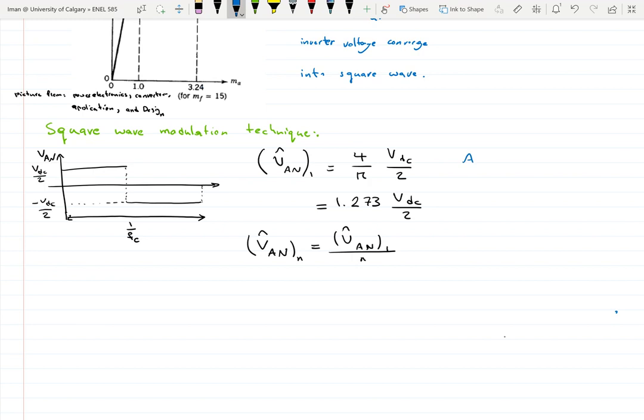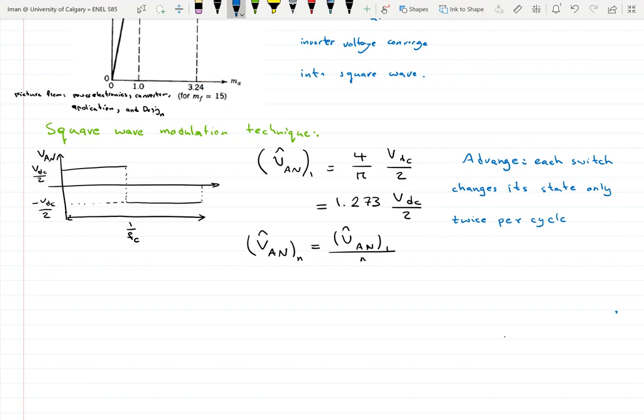The advantage is that each switch only changes its state twice per cycle.